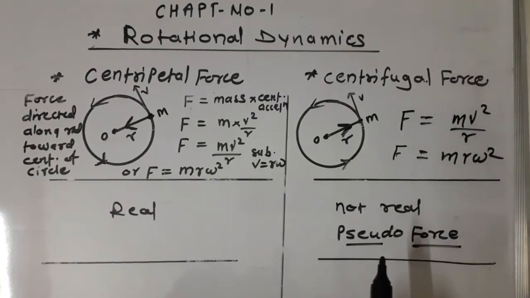Such forces are not real. They arise on account of the acceleration of the frame of reference, so these forces are known as pseudo forces. The magnitude of the centrifugal force is the same as mv square upon r, or F equals m r omega square.